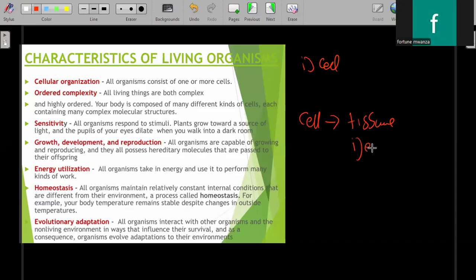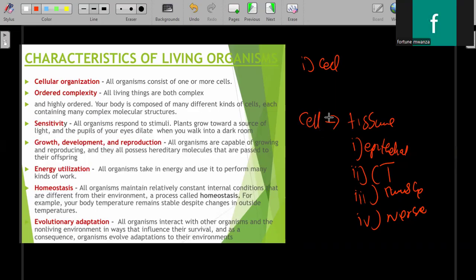You have epithelial tissues, connective tissues, muscle tissue and also nerve tissues. These are the four types of tissues you're going to have. Certain types of cells come together to form these tissues: epithelial tissue, connective tissue, muscle tissue, and the nerve tissue.